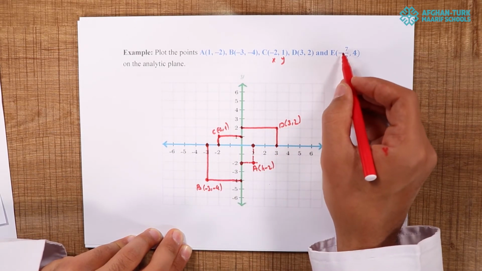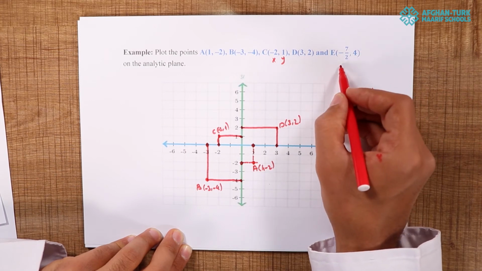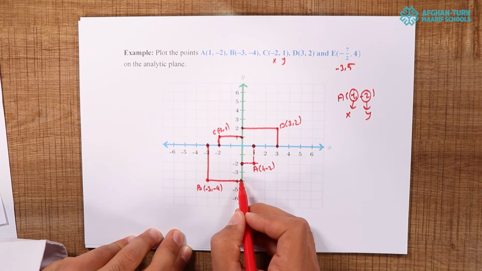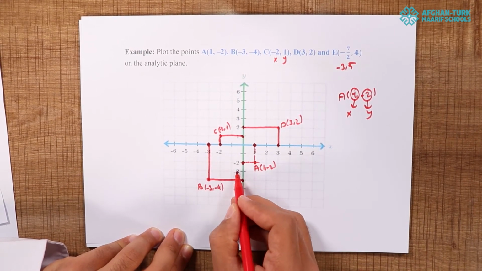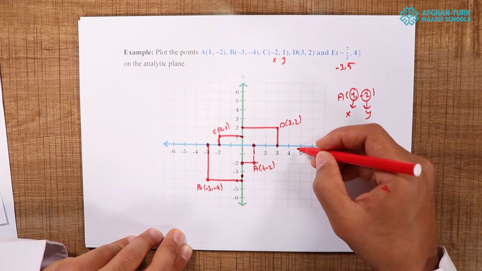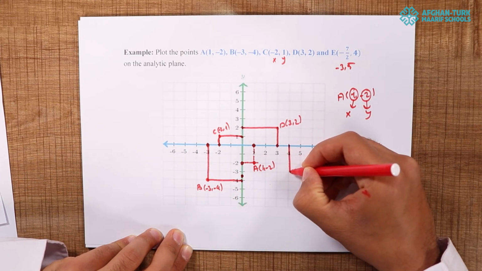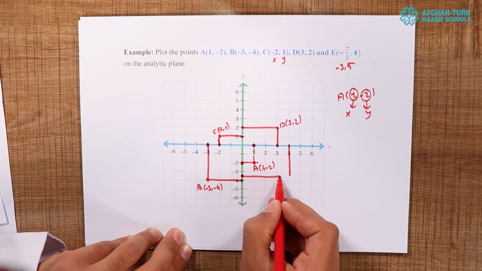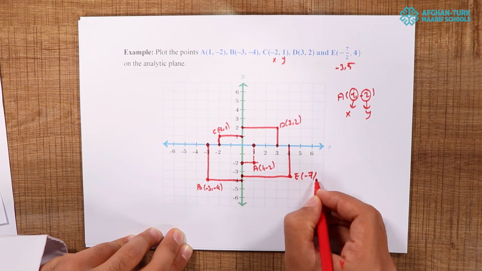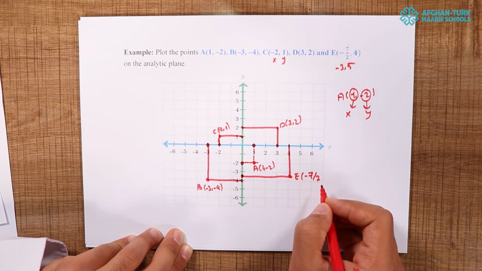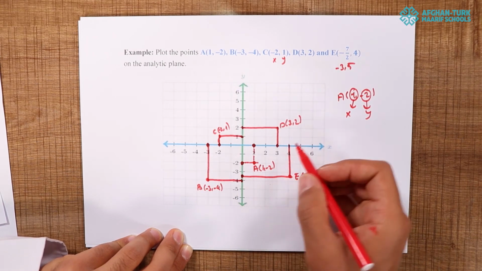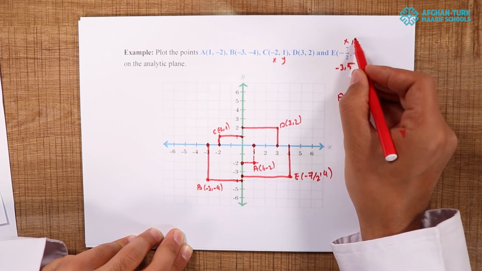Point E, minus 7 over 2 and 4. Minus 7 over 2 is minus 3.5, which means a number between minus 3 and minus 4. So minus 3.5 is here, and 4 on the y-axis. We draw perpendicular lines, and here they intersect. So this is point E. I'm sorry, this was the x and that was the y.